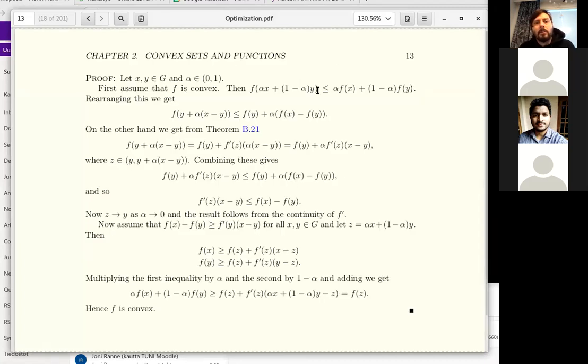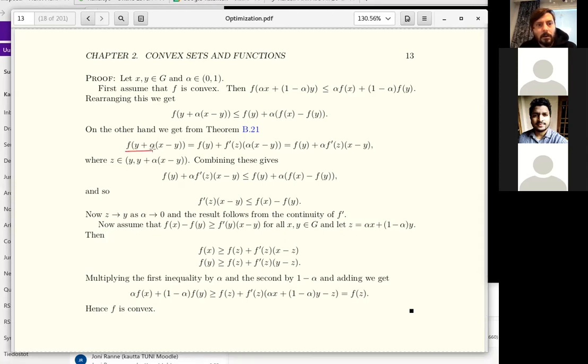So we are now going to be using the mean value theorem that we had. We move from y to some point between x and y.